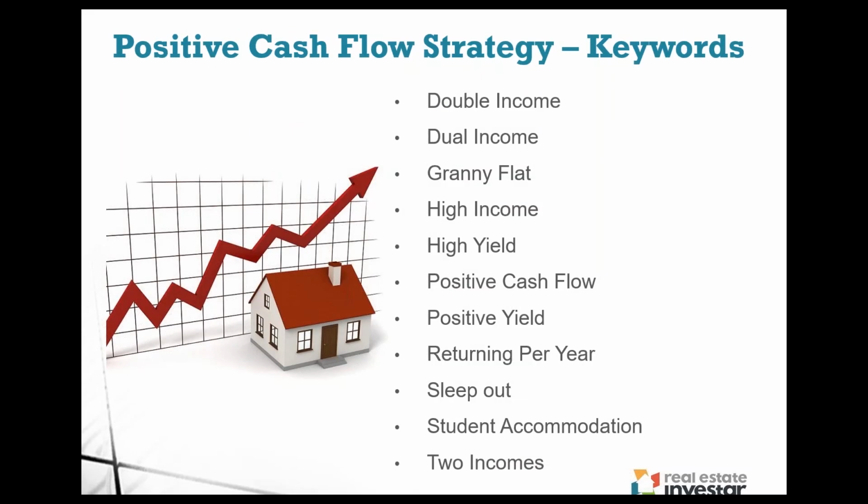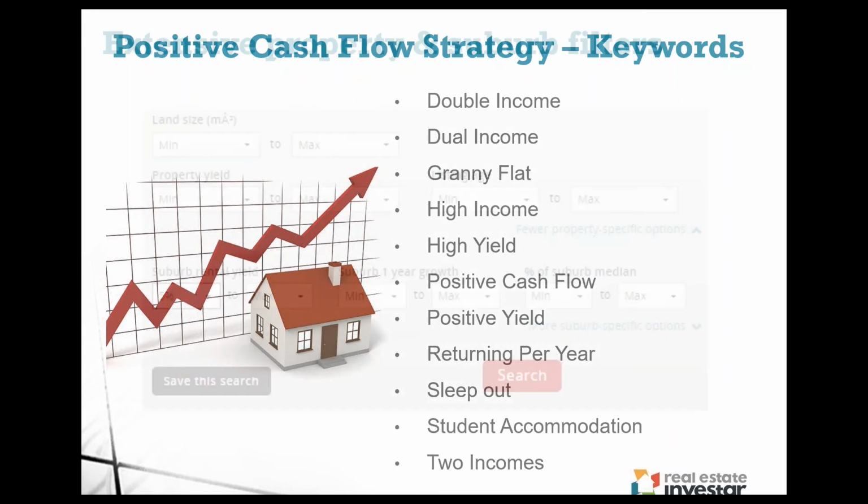Okay, as far as the keywords, these are the ones that we couldn't see in that drop down before that I focus on a bit more for this type of strategy, especially double income, granny flat, positive cash flow, 2 incomes. All these things point to more possibility or likeliness of the property actually being positive cash flow rather than just what a selling agent is telling you.